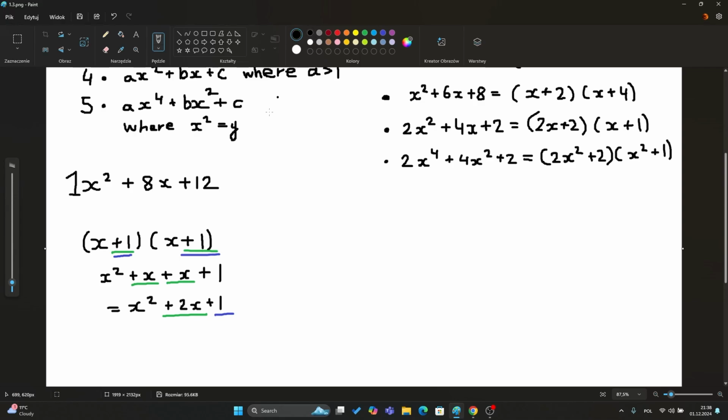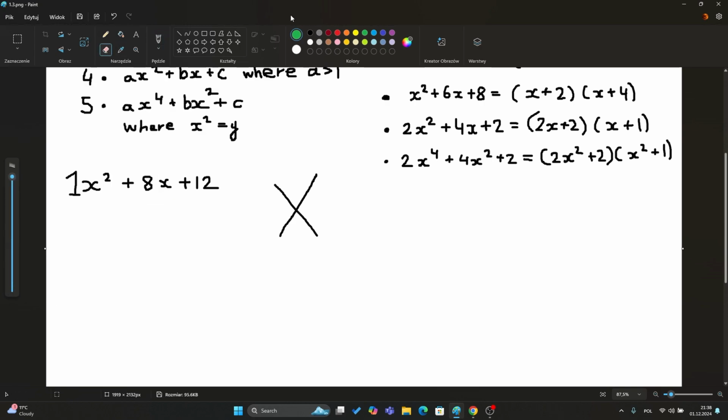Now, what happens in here is that we need to figure out what two numbers add to get 8 and multiply to get 12.